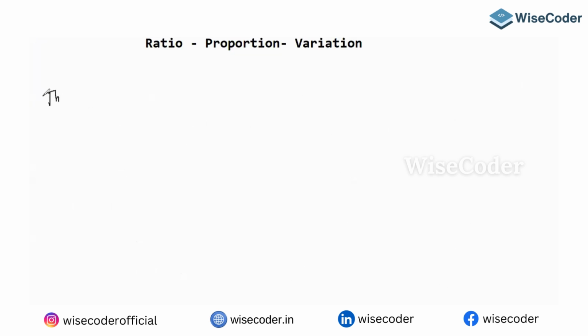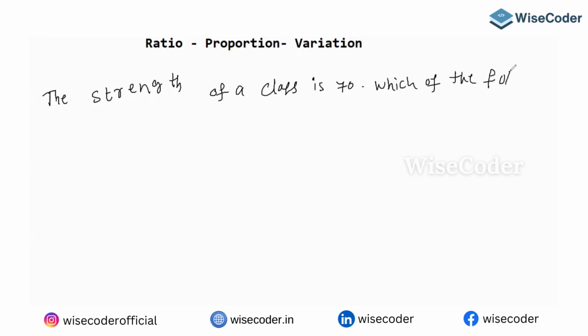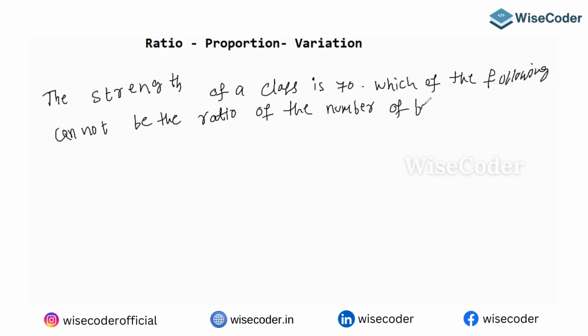The strength of a class is 70. Which of the following cannot be the ratio of the number of boys and girls in the class?